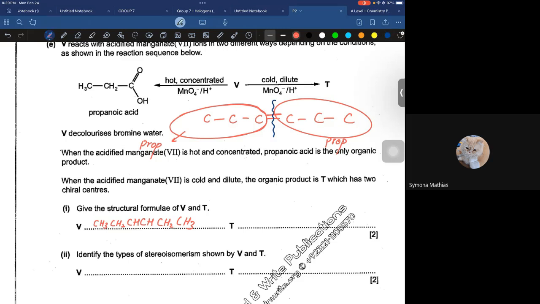Diol means CH3CH2CH(OH)CH(OH)CH2CH3. So after the reaction with cold acidified KMnO4, the diol would be formed.